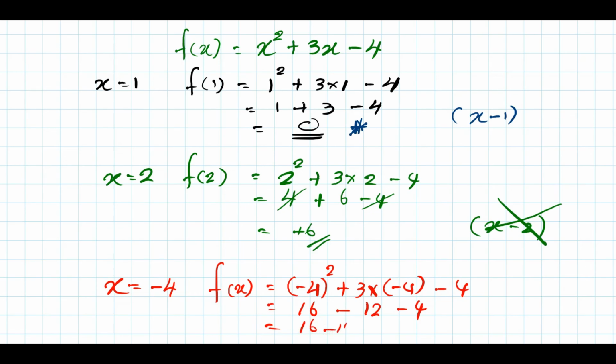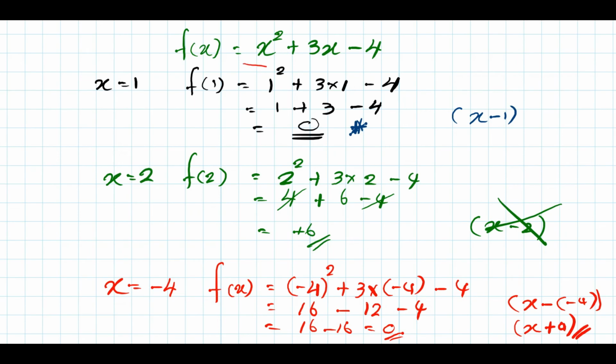Plus 16 minus 16, the answer will be 0. Then I have found another factor of the f(x) function. That means x minus minus 4, so x plus 4 is a factor of the above f(x) function.